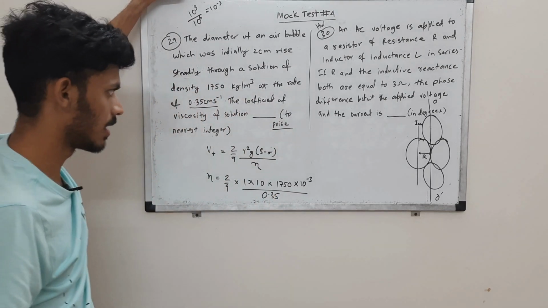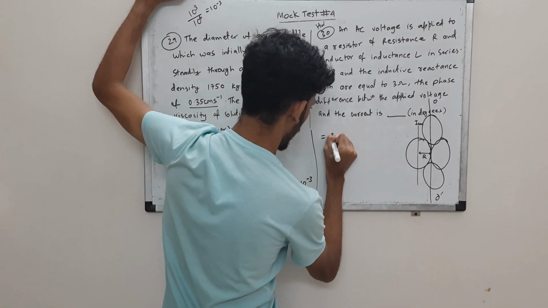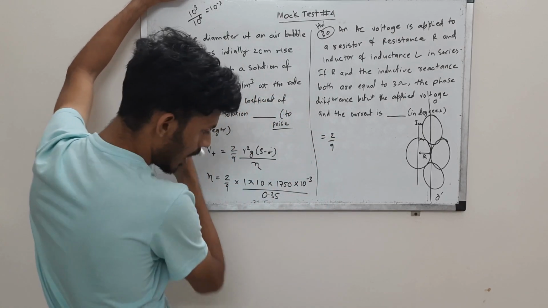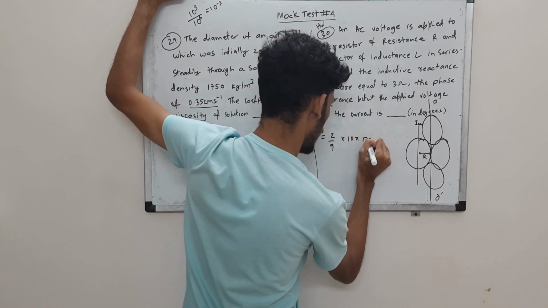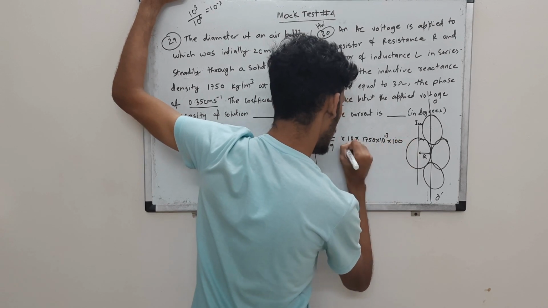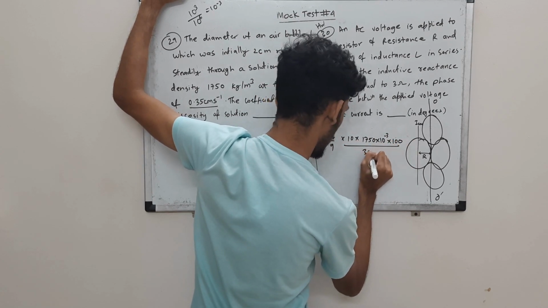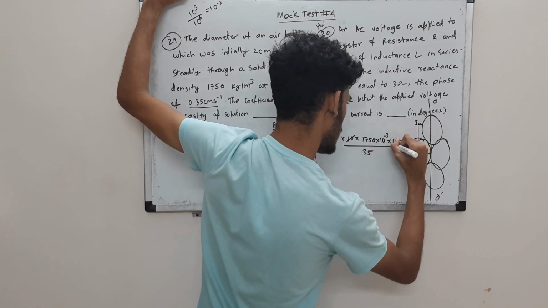Now let's solve this. I'll multiply by 100. So 10 into 1750 into 10 to the power minus 3 into 100 upon 35, right? I can cancel something here, this and this.